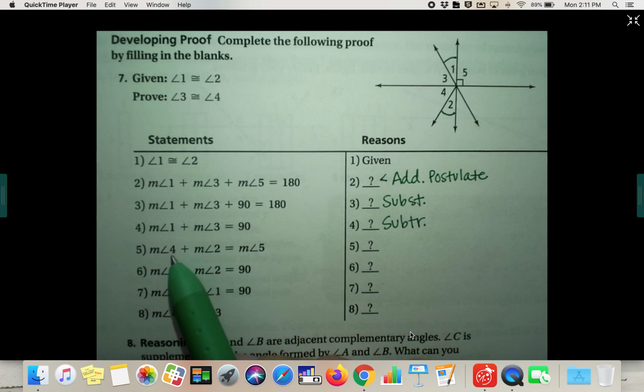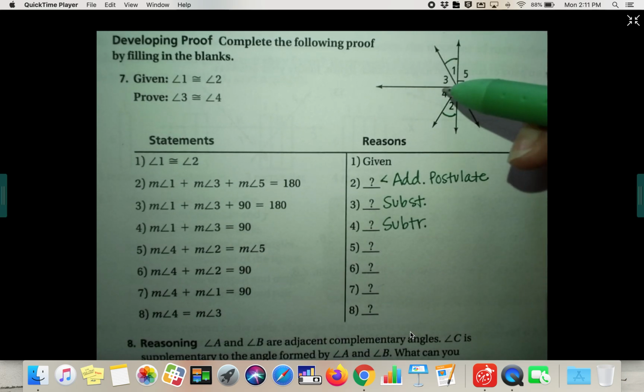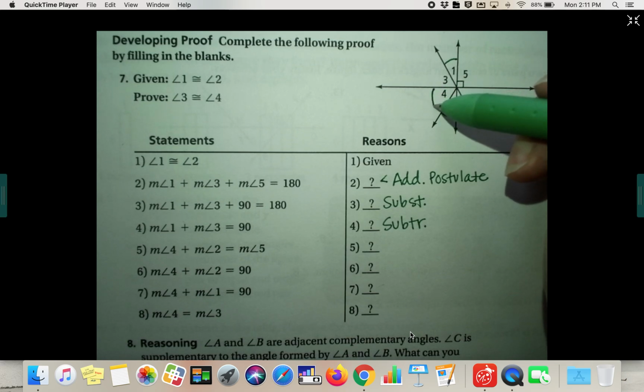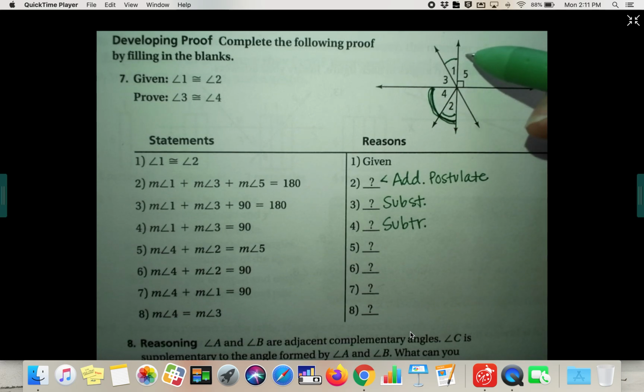Then they have the measure of angle 4 plus the measure of angle 2 equals the measure of angle 5. So let's look at 4 and 2. These two together equal the measure of angle 5. So what's the relationship between these? 4 plus 2 equals 5.